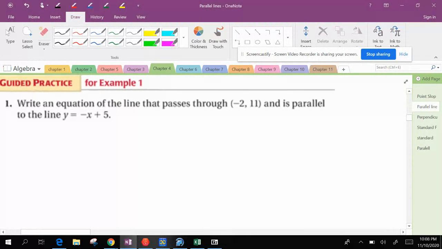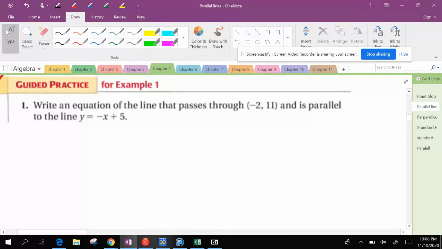All right, so here's my new example. Write an equation of the line that passes through (-2, 11) and is parallel to the line y equals -x plus 5. So remember, we're plugging into point slope form because we're given a point and a slope. So why not use the one formula that has both words in it, point and slope?